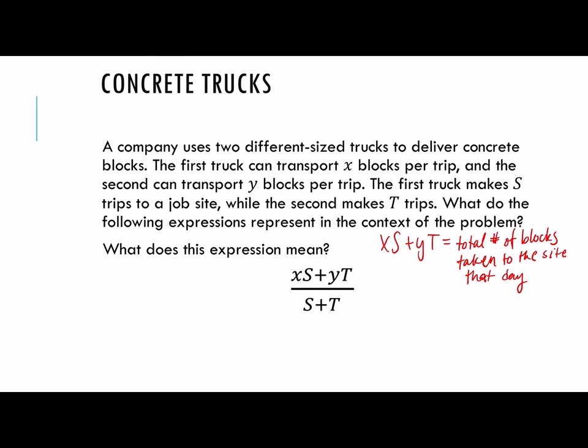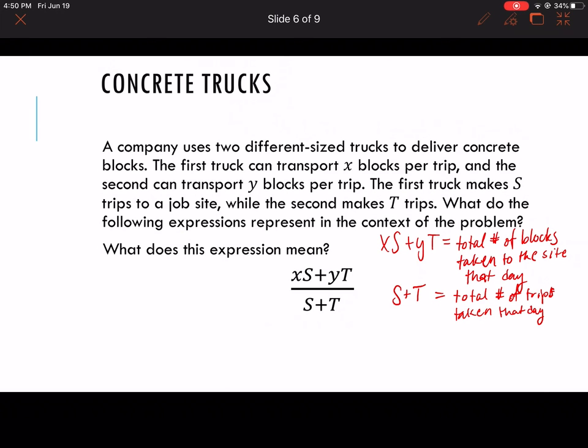And we need to remember that S plus T meant the total number of trips taken to the job site that day. So we have X times S plus Y times T, the total number of blocks taken to the job site, divided by S plus T, the total number of trips taken to the job site that day.